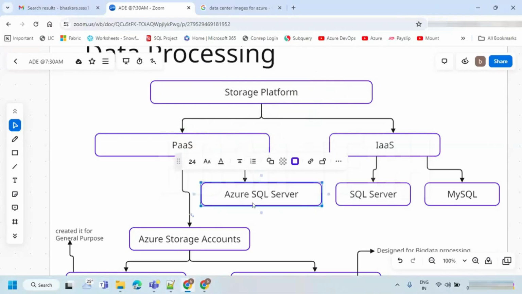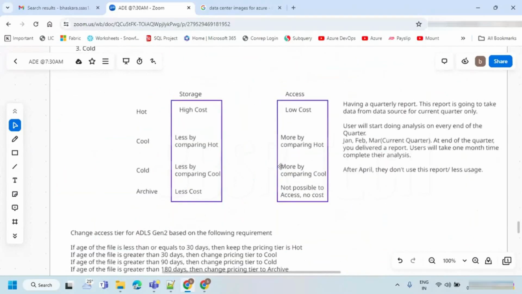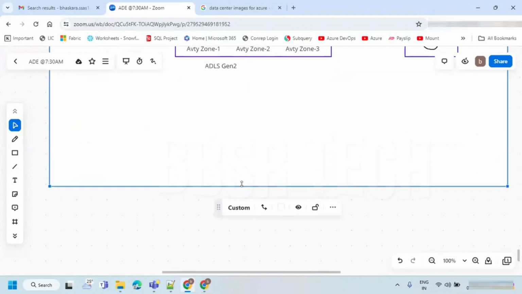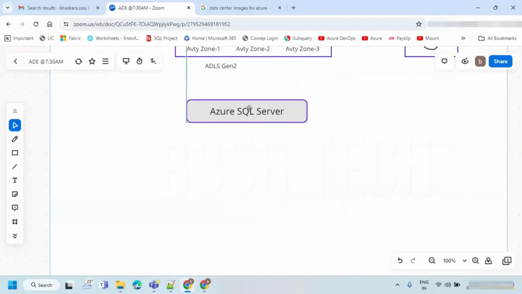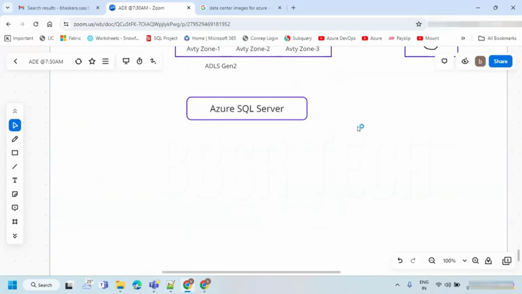So now I'm going to talk about Azure SQL Server. Let's take Azure SQL Server in more detail. Azure SQL Server is there in different places, but I'm going to take it from the PaaS, Platform as a Service.